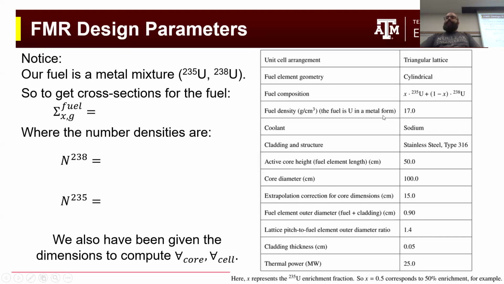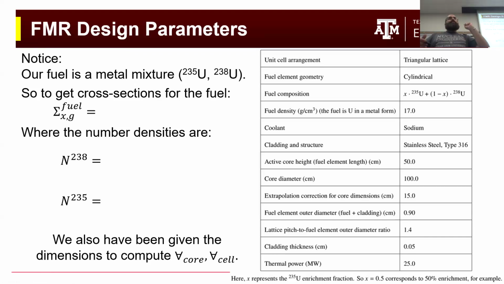So you're given the density of the fuel. And the fuel composition is some enrichment percentage X of the uranium 235, and the rest of that fuel is uranium 238. Like if this X was 5%, then this 1 minus X would be 95%.